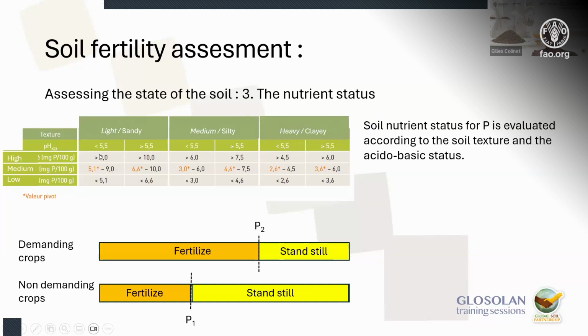Regarding these 2 elements, we have thresholds: low, medium, and high. And what is called here valeur pivot in French, it's the threshold under which you consider that you need to put more fertilizer, the level is too low in the soil, and over which you don't do anything.